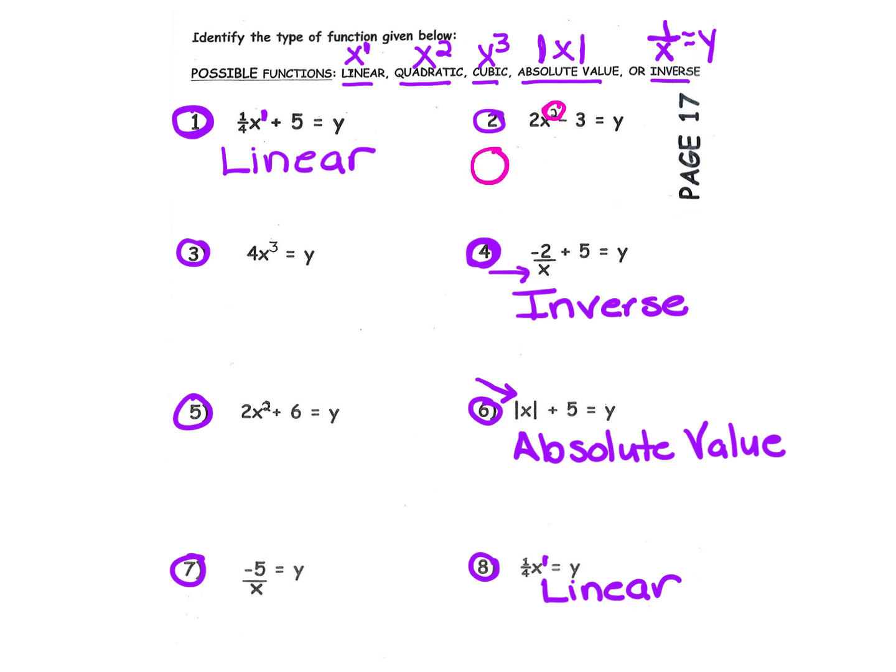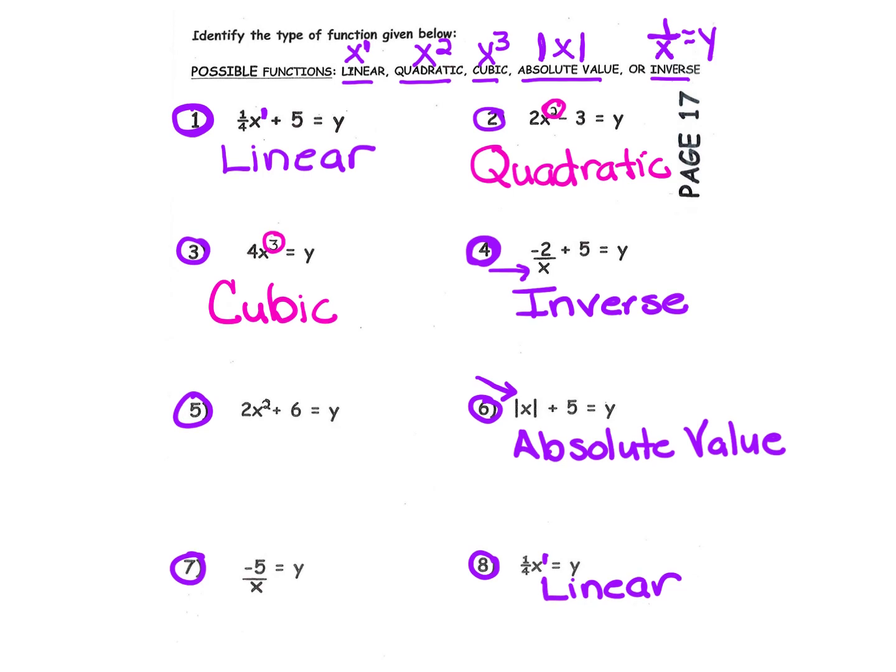It's to the second power, so we know that this has to be a quadratic. In number 3, we see x is to the third power, so we know that this is a cubic. In number 5, the key here is x is to the second power. So we know again that this is a quadratic. Give yourself a C if you got that right.